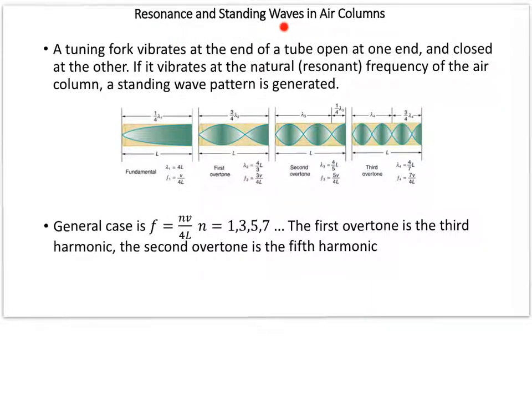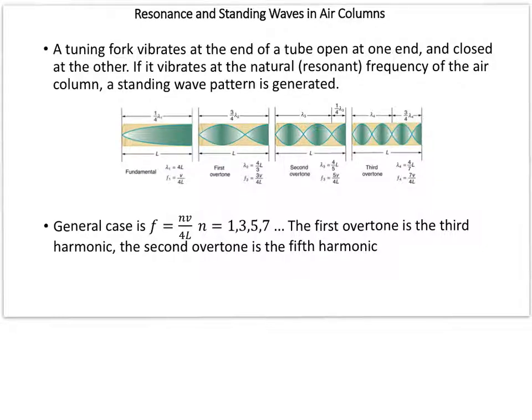Resonance and standing waves in air columns. All right, so here's a situation where, for example, we would sound a tuning fork over a column of air, and the column of air is in a tube, for example, and the tube here is closed on one end and open at the other.